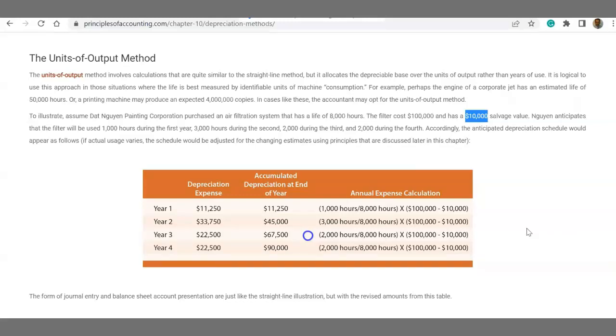And $11.25 per hour of use multiplied by 1,000 hours used in year 1. And all of a sudden, your depreciation expense will be $11,250.